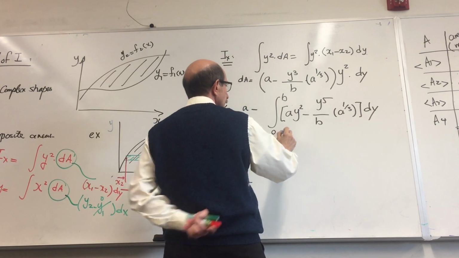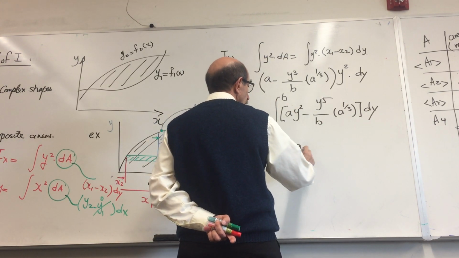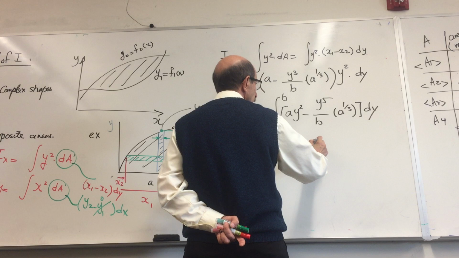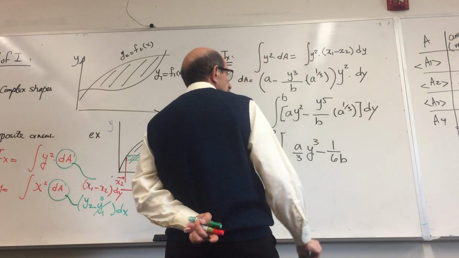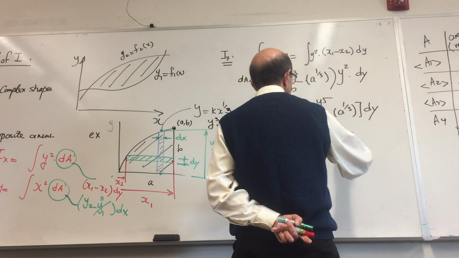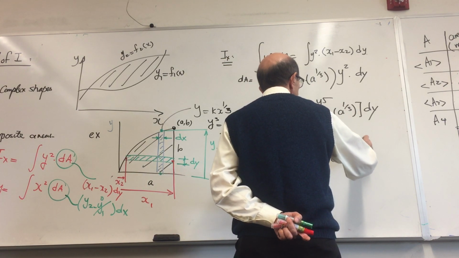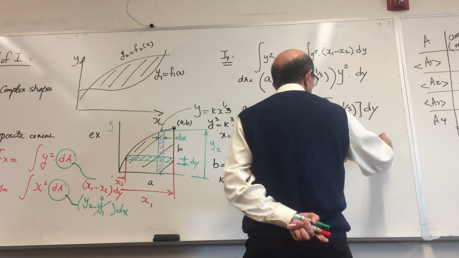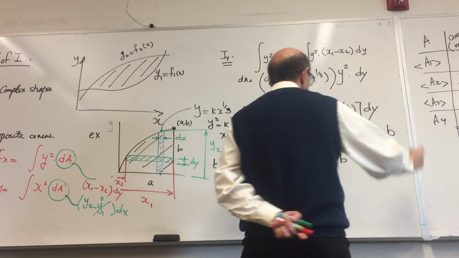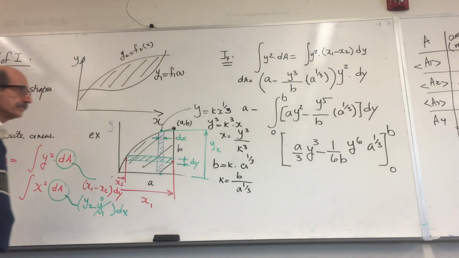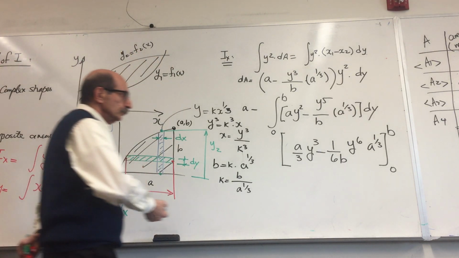Perform the integration, so you have a over 3 y cubed minus 1 over 6 times y to the sixth over b a to the 1/3, going from 0 to b.